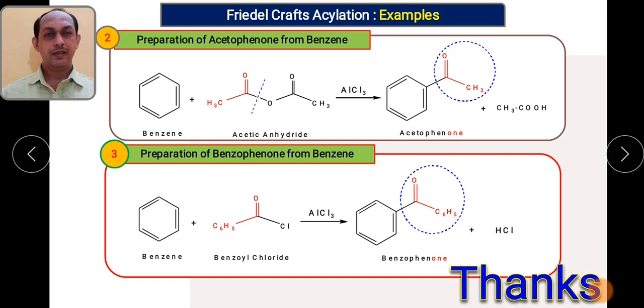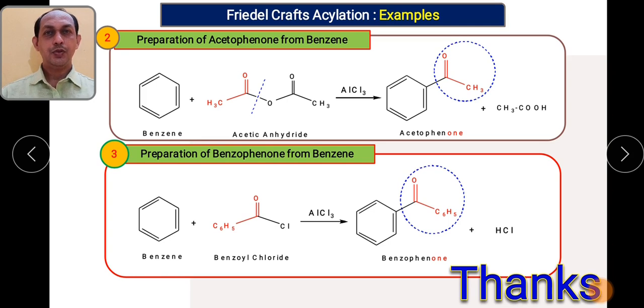I will revise again. Till now we have seen six methods for the preparation of aldehydes and ketones. Let us see one by one. What is the first method we have seen? Can you remember? The very first method for the preparation of aldehydes and ketones: use of PCC and primary alcohols. Then the second method is the hydration of alkynes by using H2SO4 and HgSO4. Third method, use of Grignard reagent and ester.